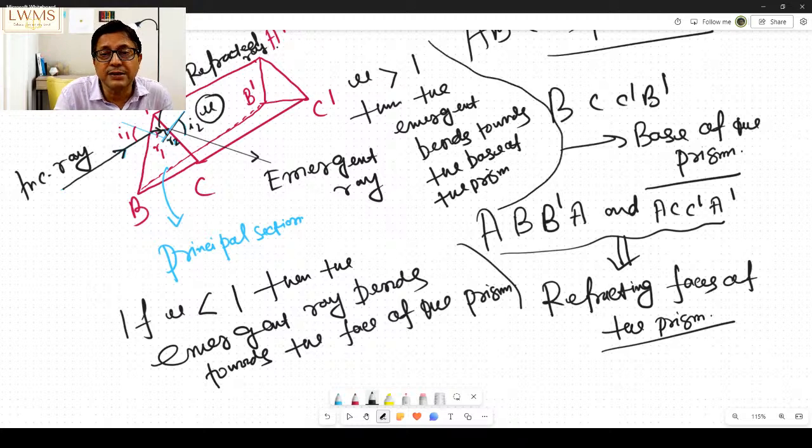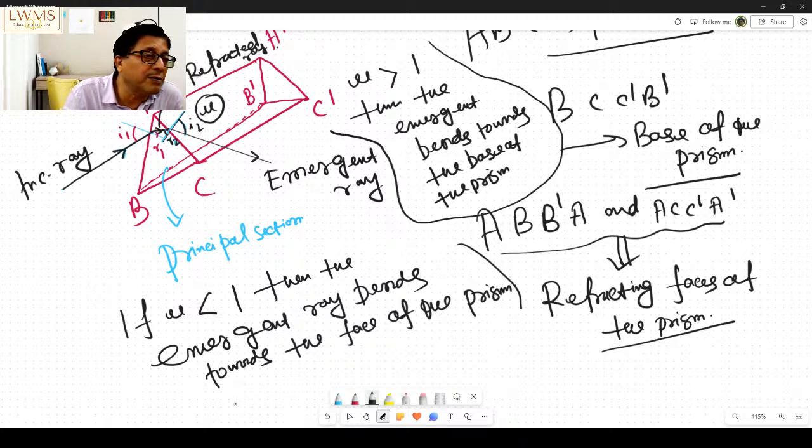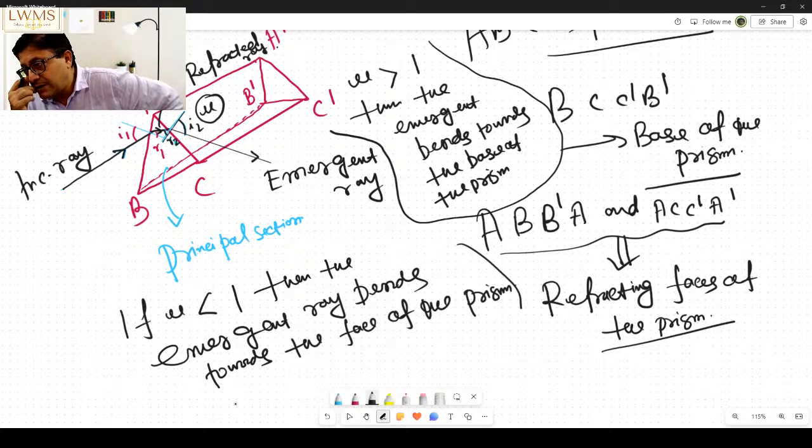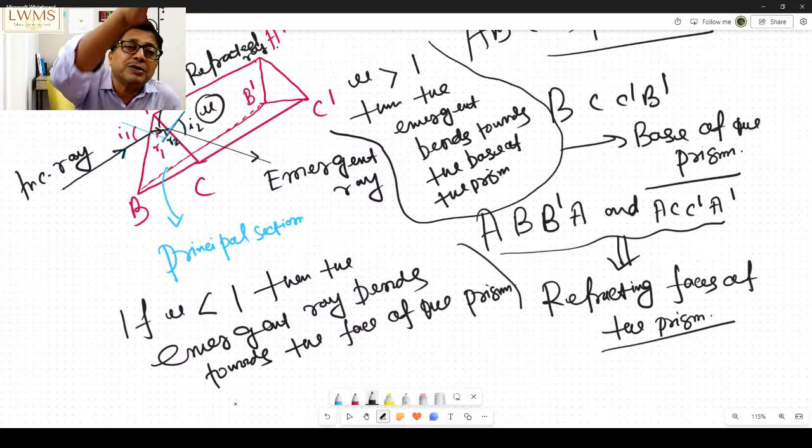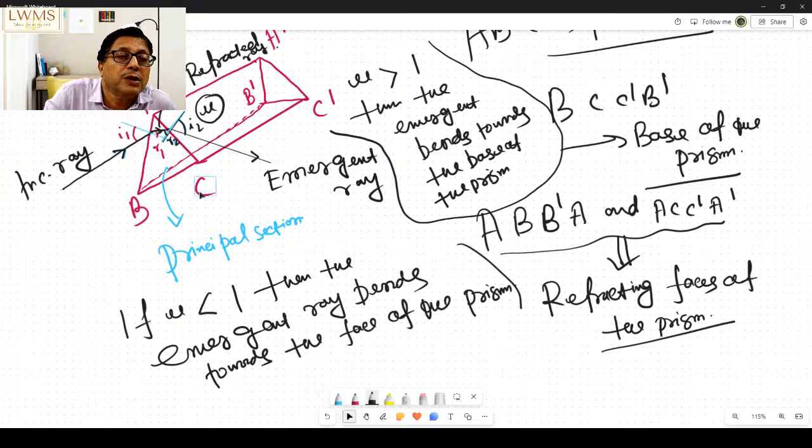Normally this case arises, refractive index mu greater than 1. It is made of glass. Whatever liquid or glass you consider, it has a refractive index always greater than 1, so it will bend towards the base. Okay? So hope you have understood which one is I1, which one R1, R2 and I2.